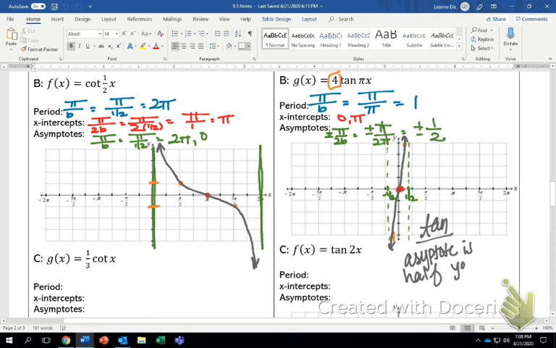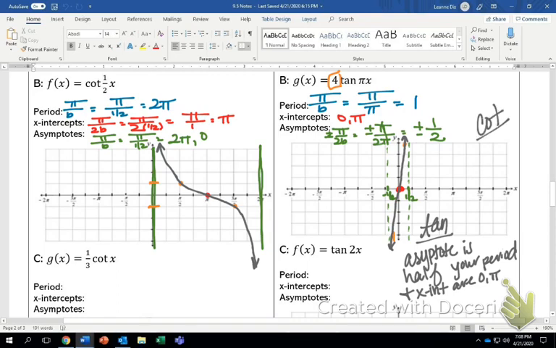It's half your period. All right, and then the other thing you should know about tangent is that your x-intercepts are always going to be, or typically going to be, 0 and pi. Typically, though, you are only going to put in the 0 piece of information.